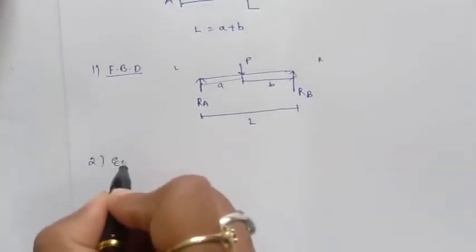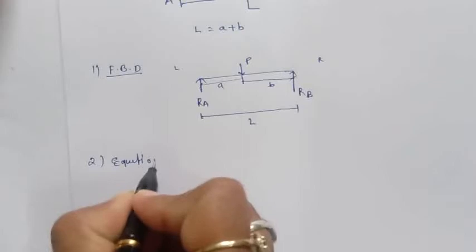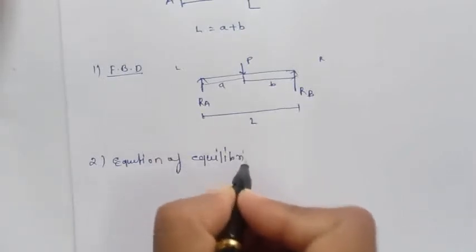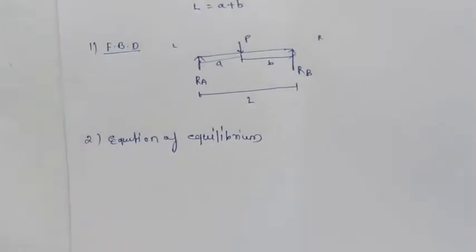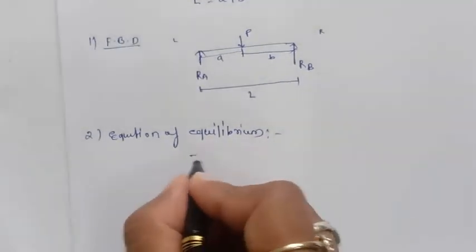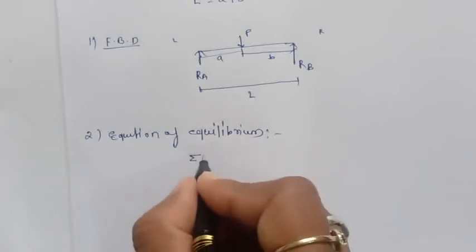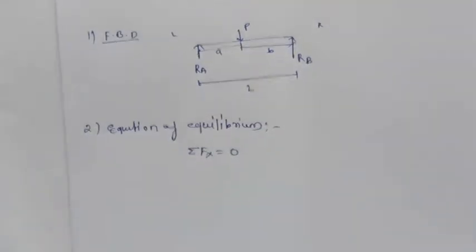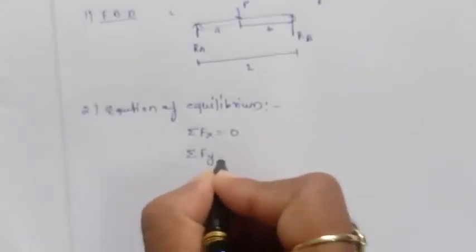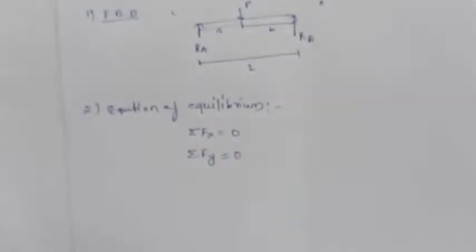Now the next step, the second step, is the equation of equilibrium. Here, summation of Fx is not needed since there is no horizontal force. Summation of Fy, all the vertical forces, equals 0.